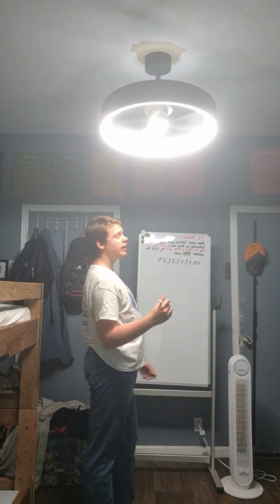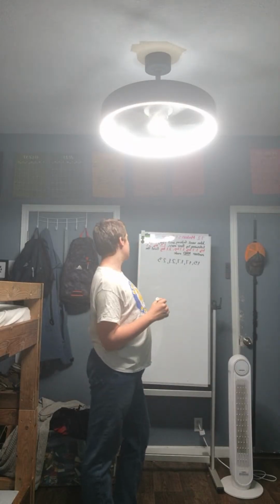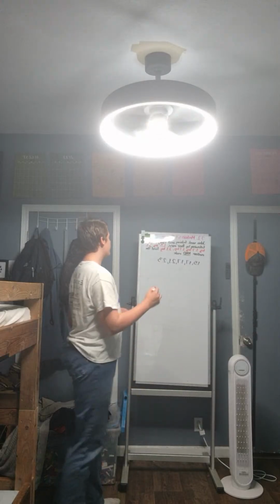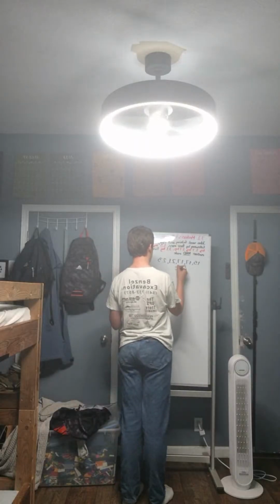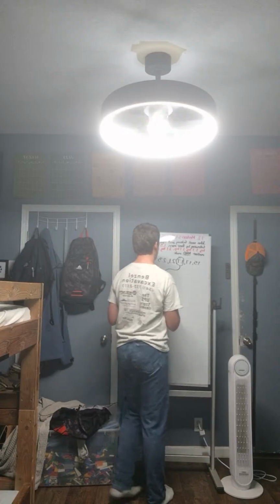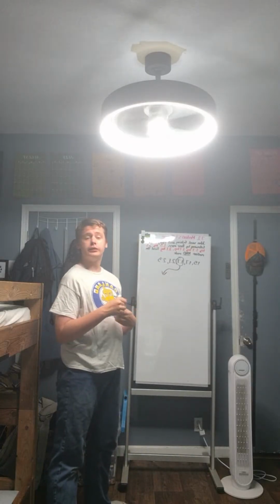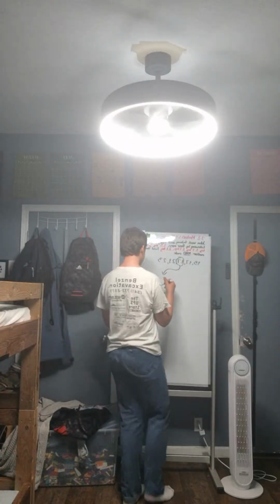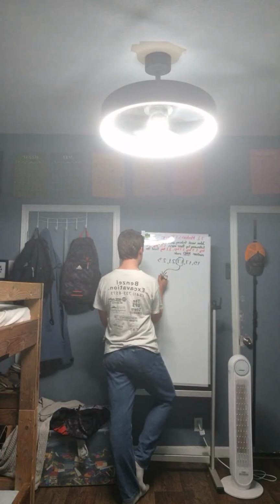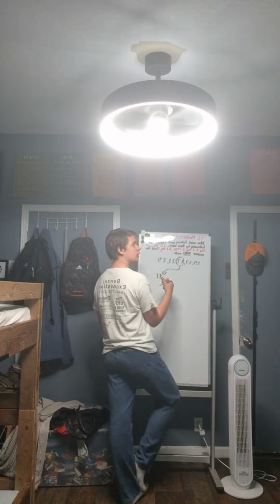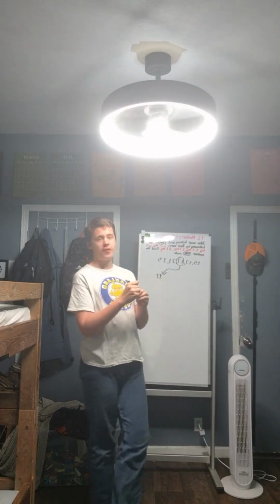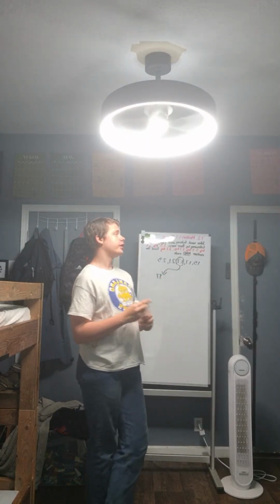Okay, so what is the median? The median is the middle number when it's placed in order. So this one here, 1.7, is the median. The median of the fish John caught was 1.7 kilograms.